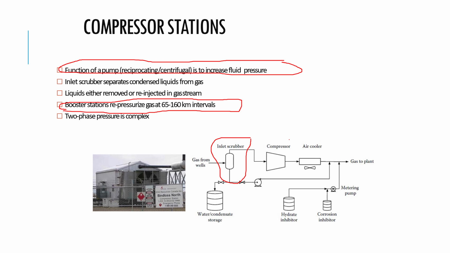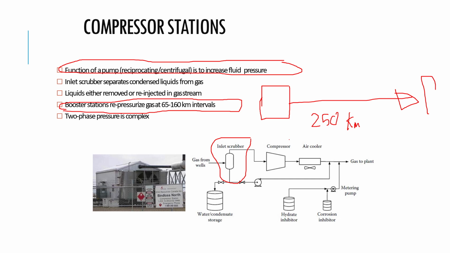And this is normally used at intervals in the range between 65 to 160 kilometers. For example, if you have the extraction plant here, and 250 kilometers away from the extraction or production plant you have the processing plant, which means that you need to transport the gas from the production plant to the processing plant.